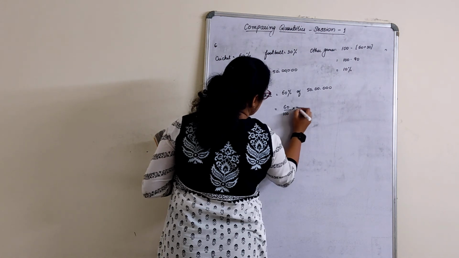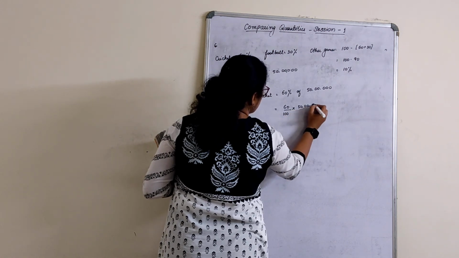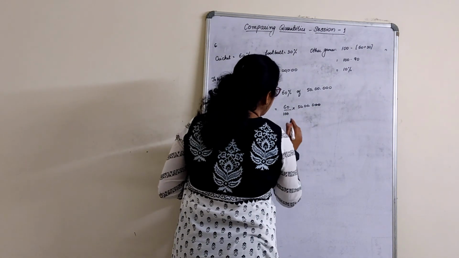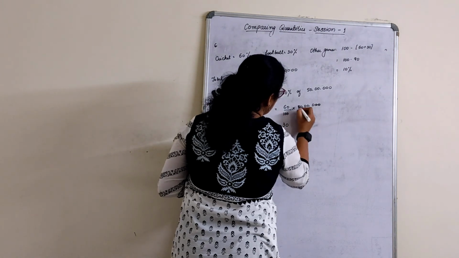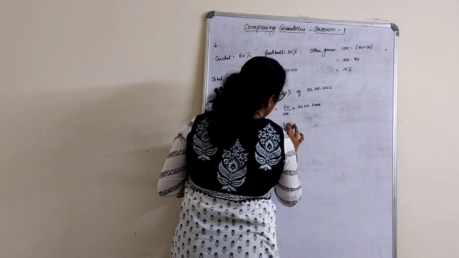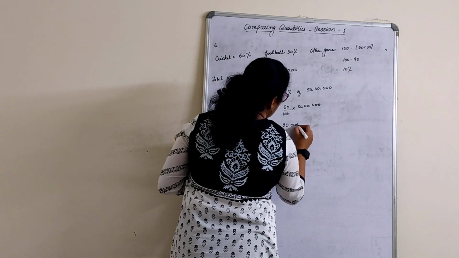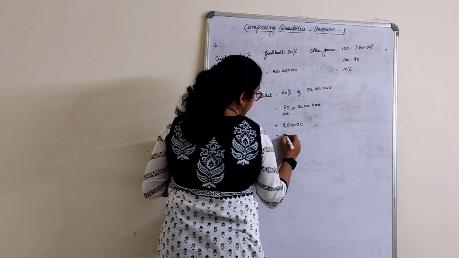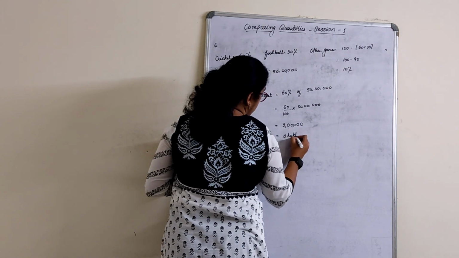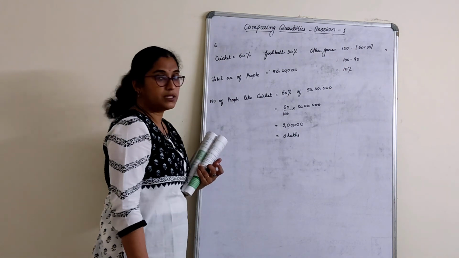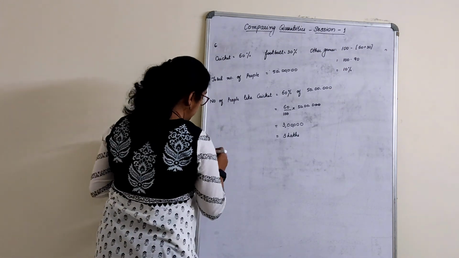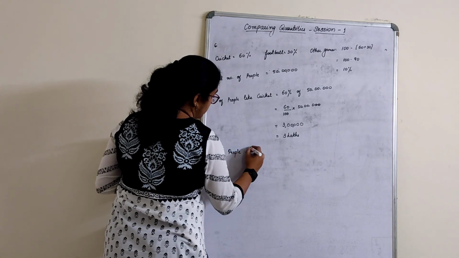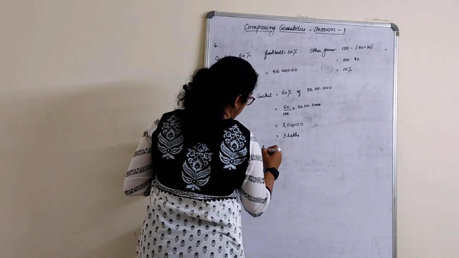60 by 100 into 50, 2 zeros. So 6 5s is 30. 1, 2, 3. 3 lakhs. They have given in terms of numbers, then we'll write like that. So number of people like football.